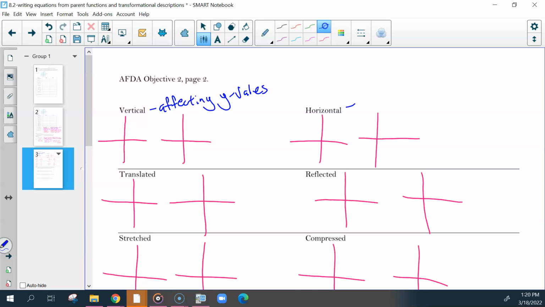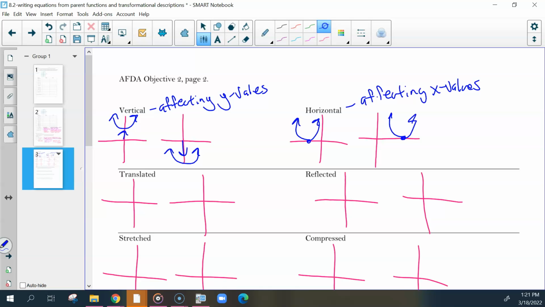So you can say the horizontal is then affecting x values. For vertical, I can move this up or I can move this down. For horizontal, I can move this to the left or I can move this to the right. And I'm just using quadratics just because it's the easiest. I could have easily used absolute value as well.